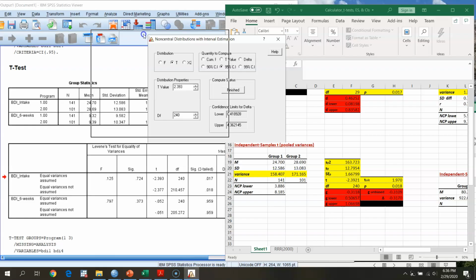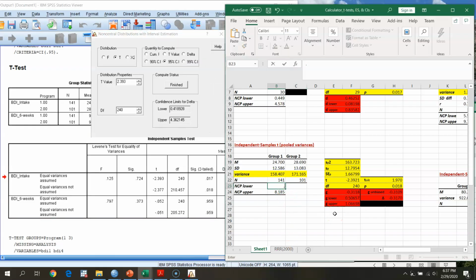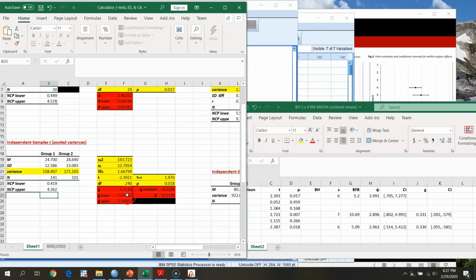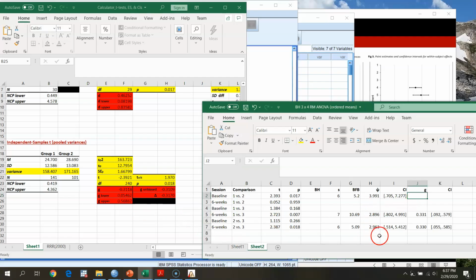This gives me a lower limit of 0.419 and an upper limit of my non-centrality of 4.362. Now I've automated all this so I can pop it into my table. So we'll call my G 0.312, and the confidence bounds around this are going to be 0.055 and 0.569.